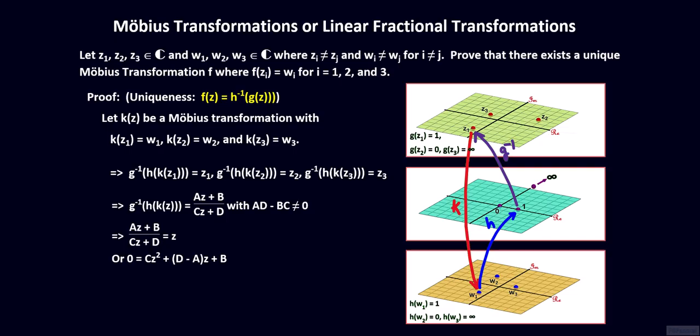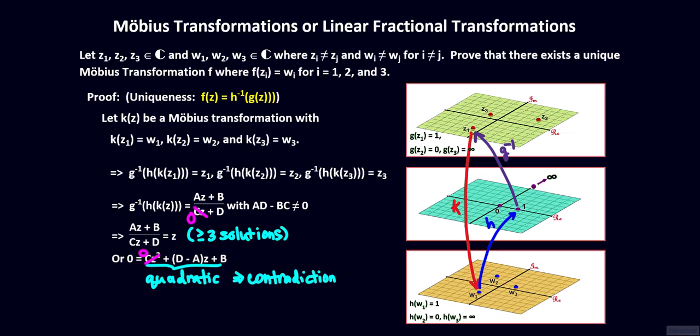Because of the fixed points z1, z2, and z3, this equation is supposed to have at least 3 solutions. But the equation is quadratic, and can have no more than two solutions. And so we have a contradiction. And so the equation cannot be quadratic, and so c must be 0.